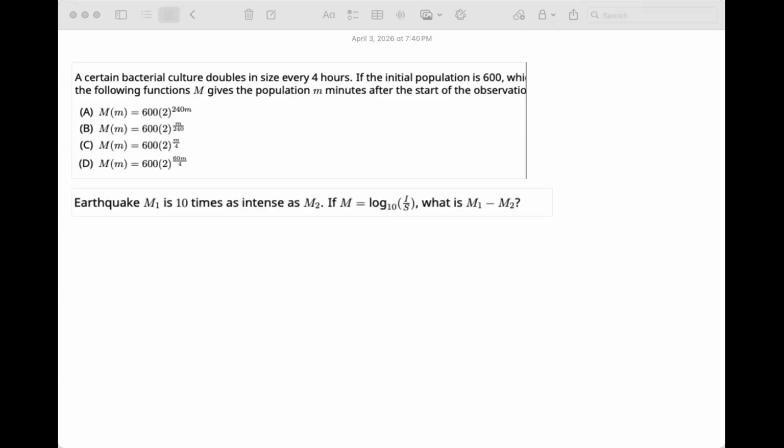I stands for intensity, right? That's a nice question. I stands for intensity, and earthquake M1 is 10 times as intense as M2. M stands for 10 log I by S.